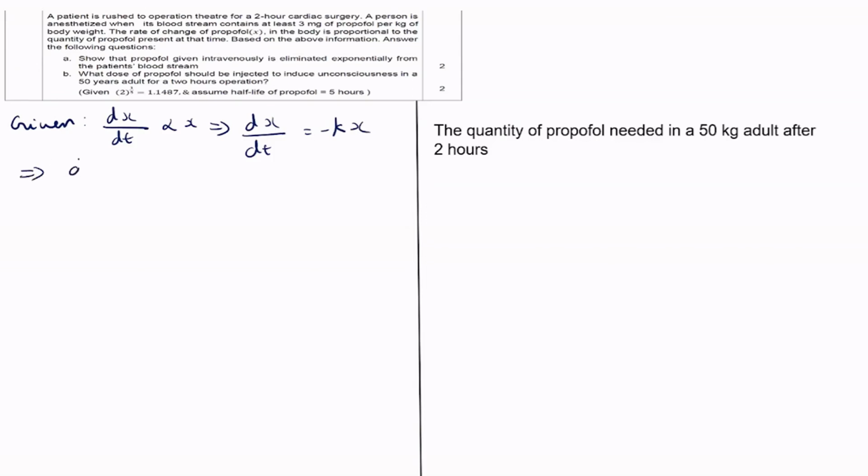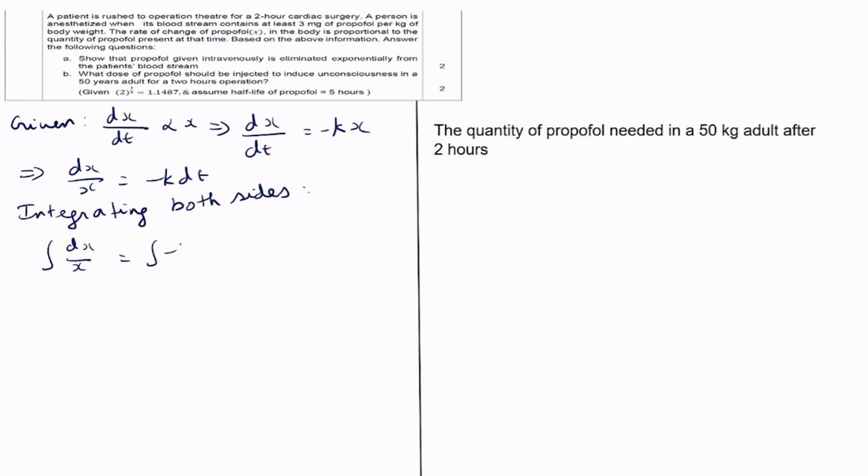So this implies dx by x is equal to minus k dt. Now integrating both sides.